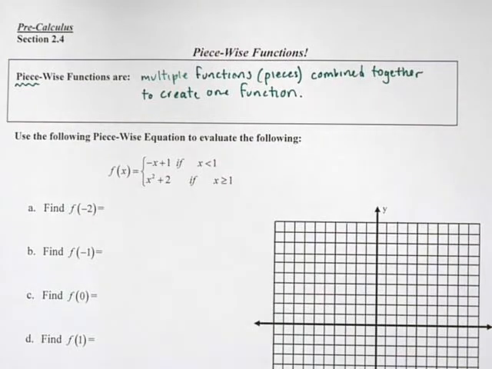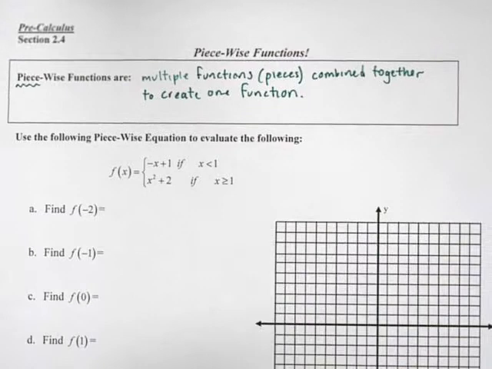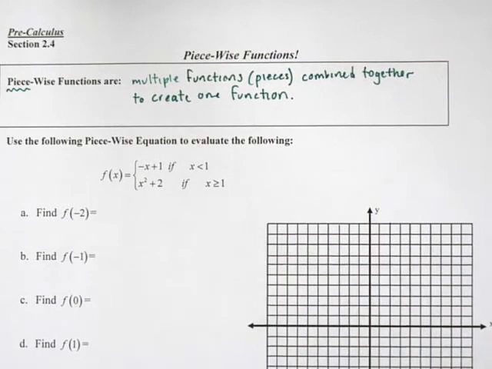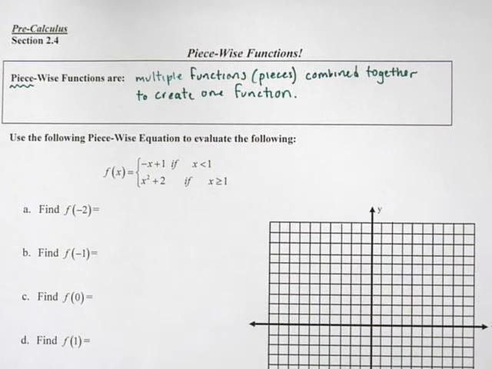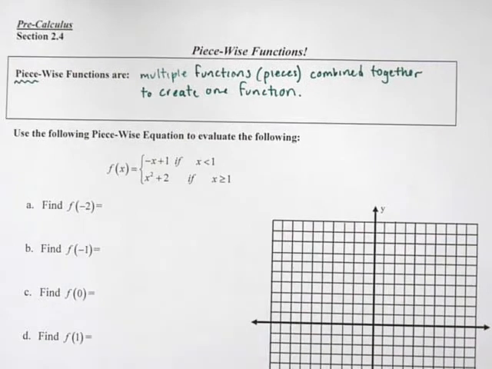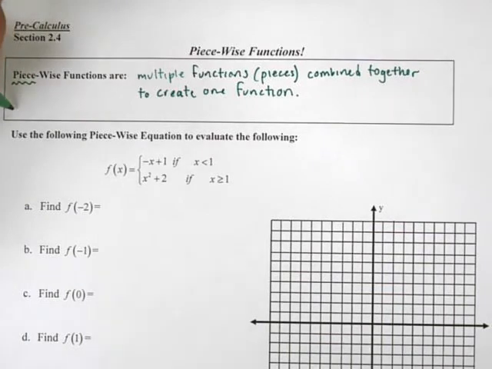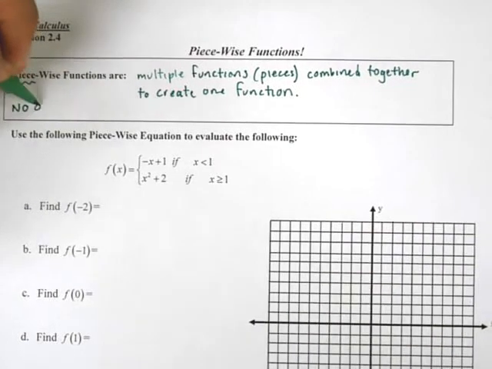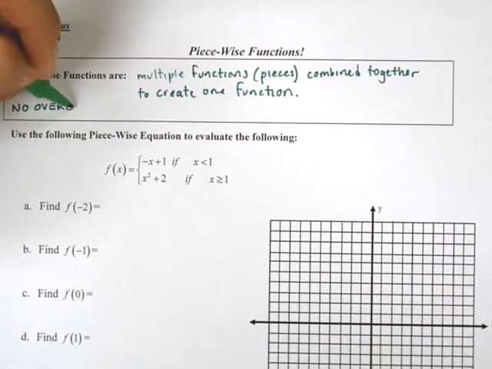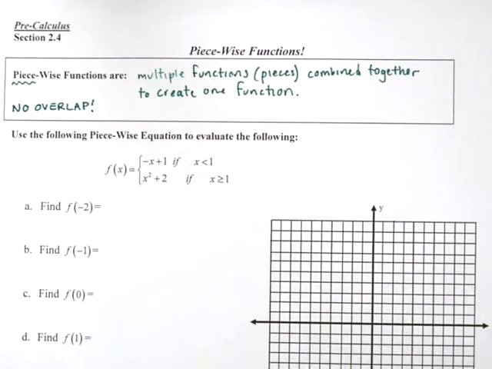Okay, now there's a couple of things here that are important. If I'm creating one function still, we know that functions have to pass the vertical line test. So that means that I can take as many pieces as I want, but they have to pass the vertical line test, which means that there cannot be any overlap. Alright, there cannot be any overlap.